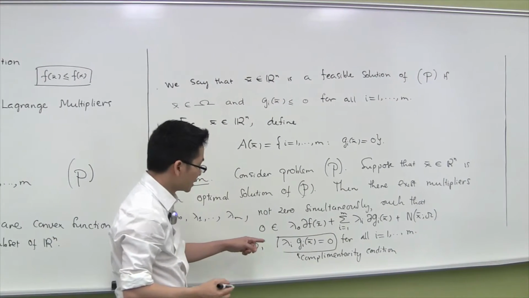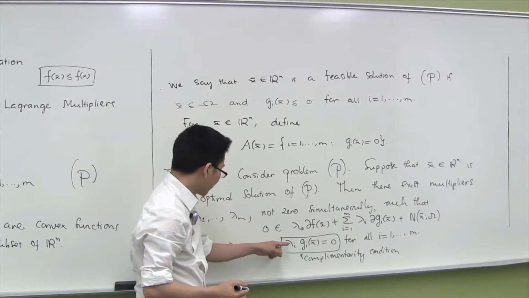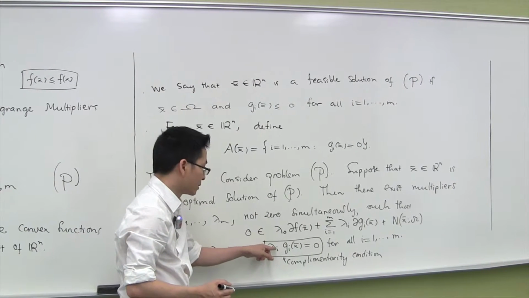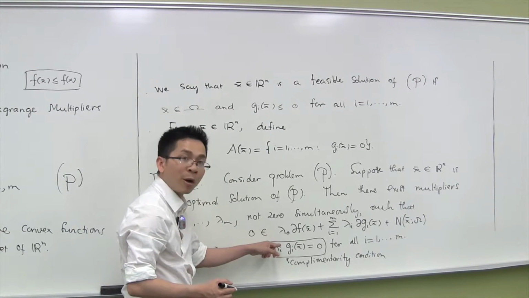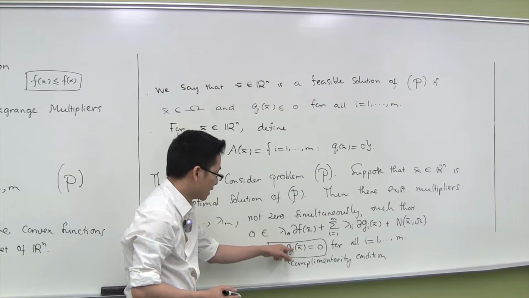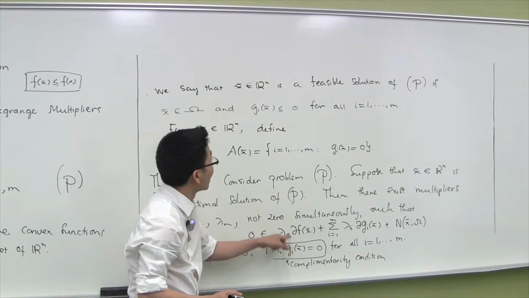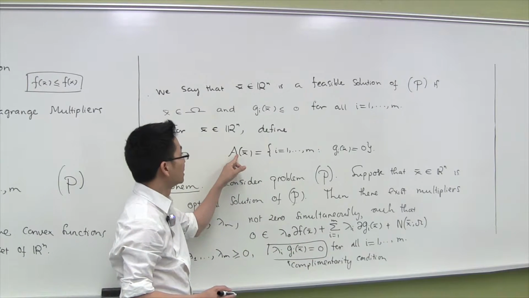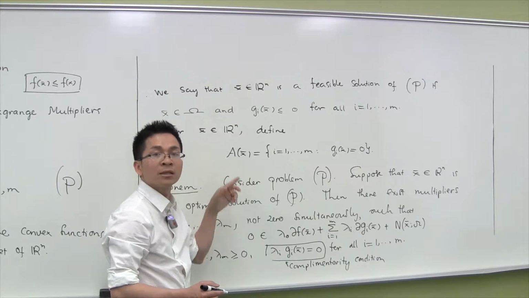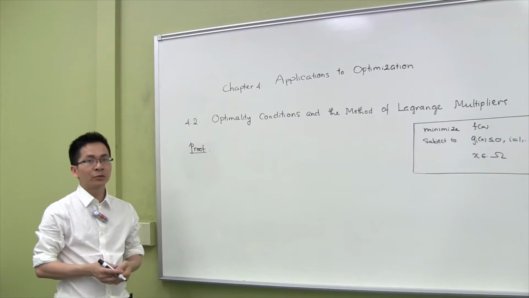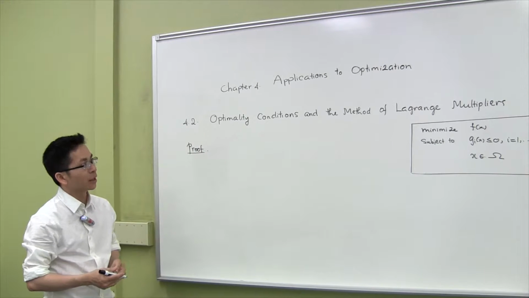And this condition means that if for some multiplier here, the multiplier is positive, then gi of x bar is equal to 0. That means i belongs to the active index set associated with this problem. Now I'm going to go through the detailed proof of the theorem.